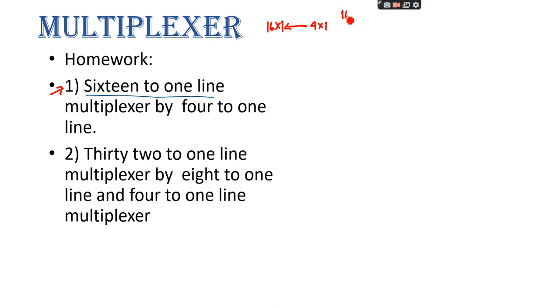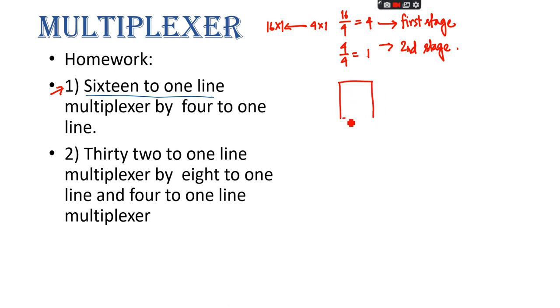So what I need to do first: 16 divided by 4 gives you 4, right? Again 4 divided by 4 gives you 1. So this will be my first stage. This will be my second stage. In my first stage, how many multiplexers should be here? 4, right? 4 into 1 MUX 1.